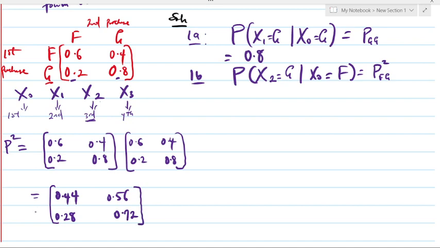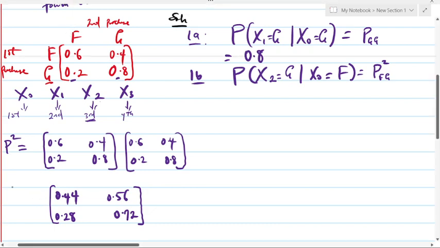So this now goes from first purchase to third purchase. Let me label it so that I have a better understanding.